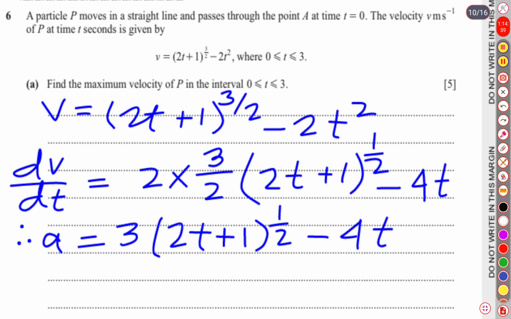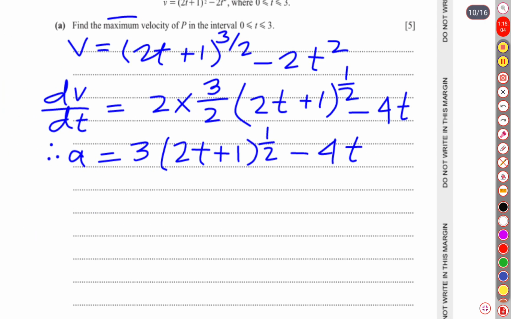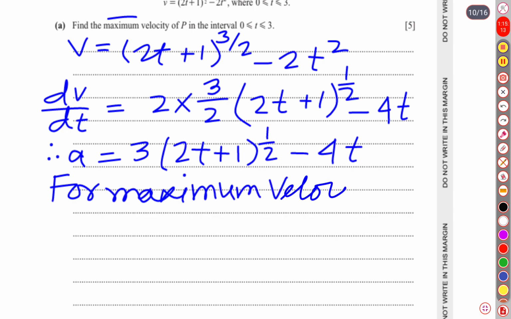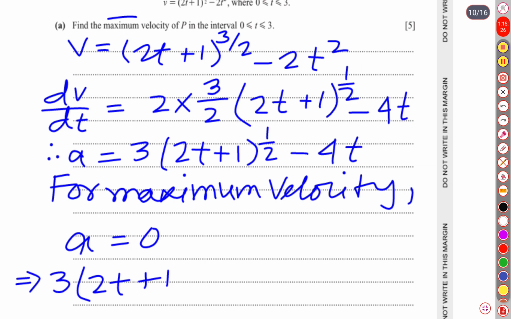And they have told us for maximum velocity, acceleration is always 0. So let us write for maximum velocity, a is equal to 0. So a means 3 into the square root of 2t plus 1, minus 4t, is equal to 0.